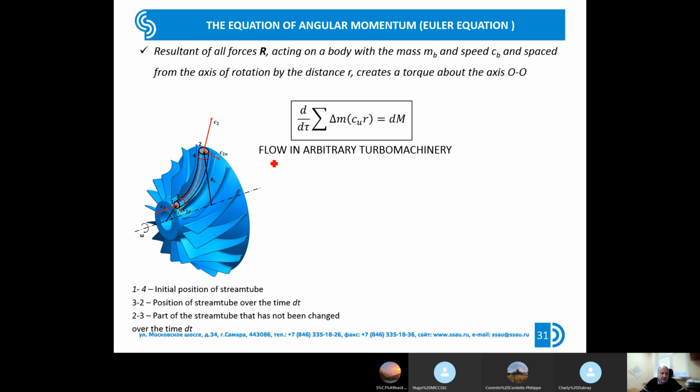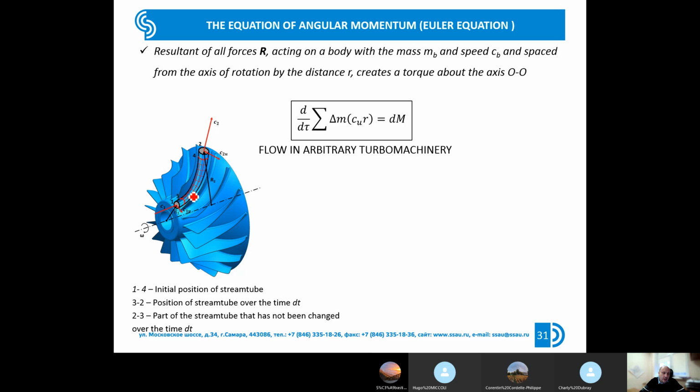We will make the same assumption as in the case of the continuity equation. We will assume that we know all flow parameters at the inlet of the rotor wheel, section 1, and at the outlet of the rotor wheel, section 2. It means we know every important parameter, like pressure, temperature, total temperature, velocity, flow angles, density, at the inlet and outlet sections.